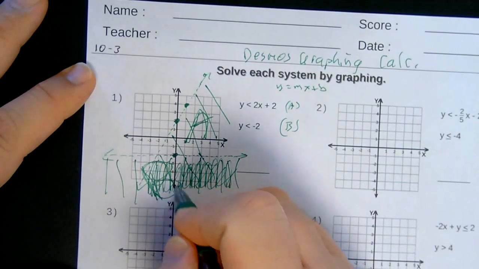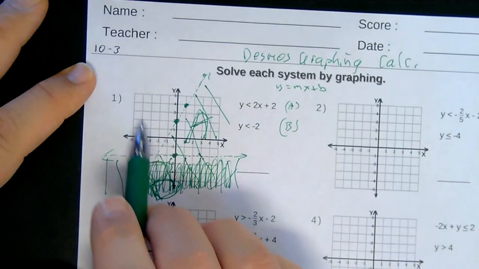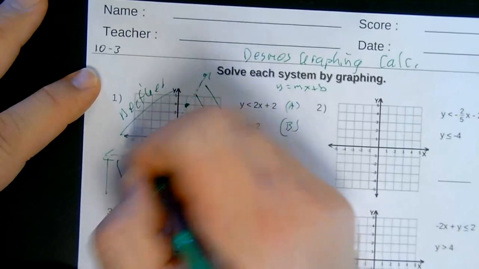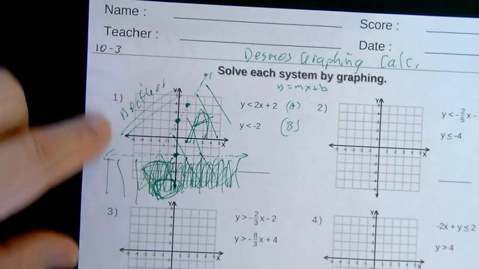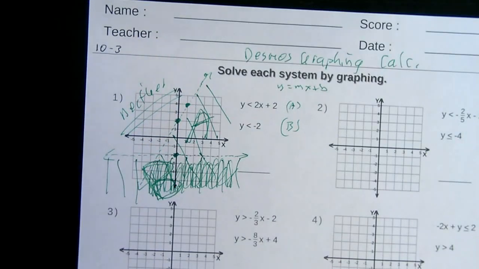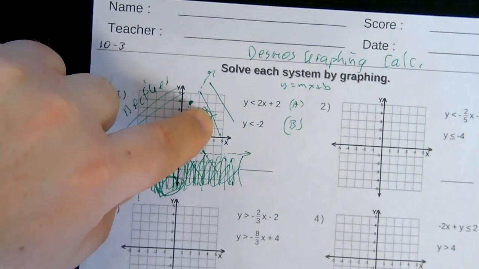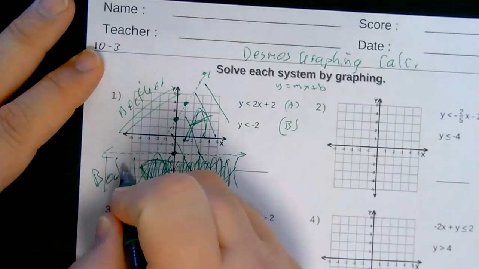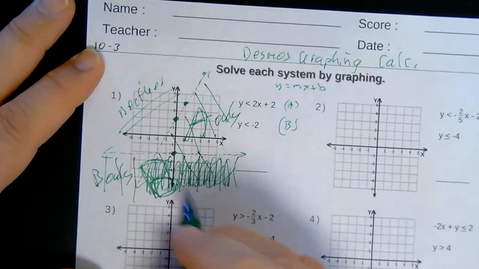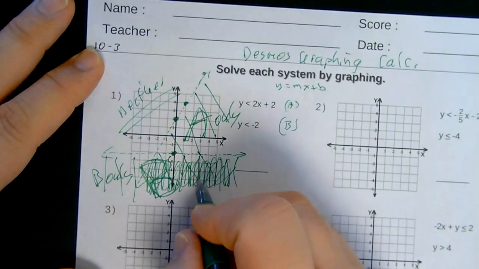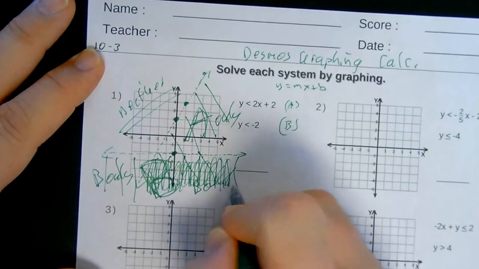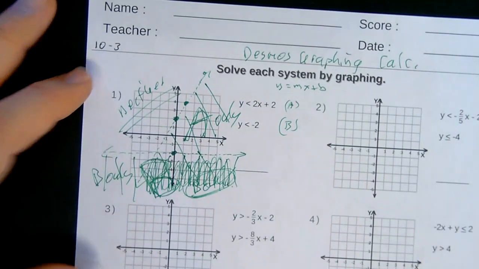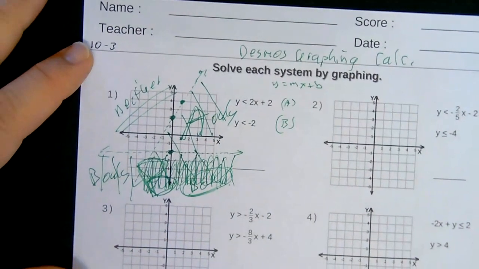And this area over here where there's no shading going on is neither. So that's not a solution for either equation. This section would be just for A. This section way over here would be B only. And down here where they both intersect, obviously we would call that both. So you can barely pick it up there in the green, but you might have 4 sections on your graph.